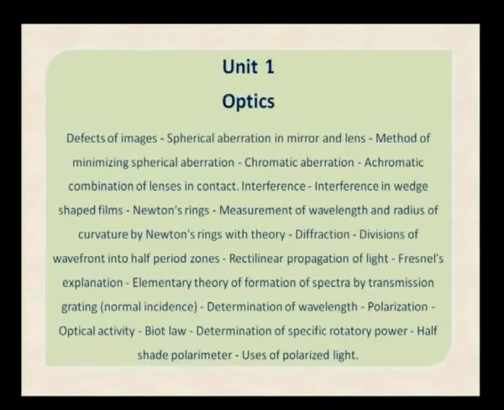The whole content of this chapter starts from defects of images, a very important area, spherical aberration in mirrors and lenses, method of minimizing spherical aberration, chromatic aberration, achromatic combination of lenses in contact, etc. It ends with uses of polarized light.